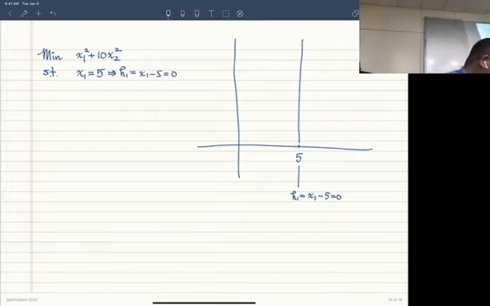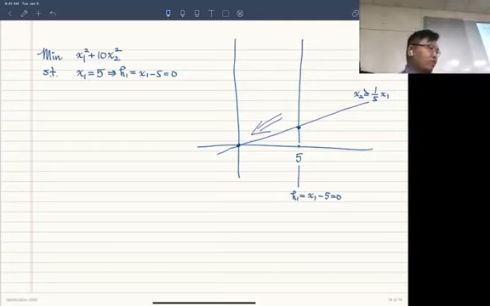Okay. Let's try to do some optimization on top. So I know my gradient is going this way. In order to find a solution, maybe I choose a point here. How about some constraint like this? The equation will look like x2 equals 1 over 5 x1, and I would like to be on the top, so larger than or equal to.